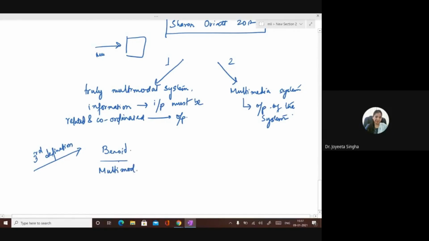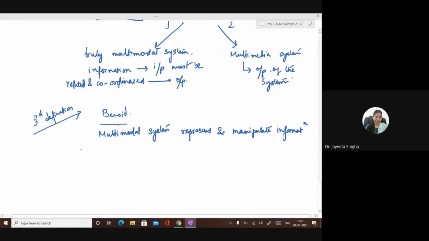that a multimodal system represents and manipulates information from different human communication channels. Please see this definition carefully.